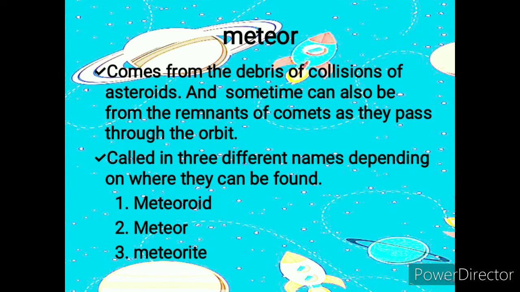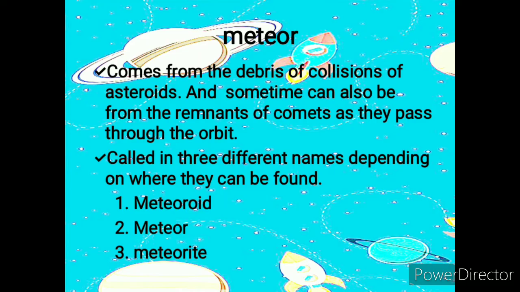So it burns up because of the friction that it experiences in passing through the Earth's atmosphere. Meteors that pass by and successfully reach the Earth's surface, once they land on the Earth's surface, are now called meteorites. Okay, that is how they are called.